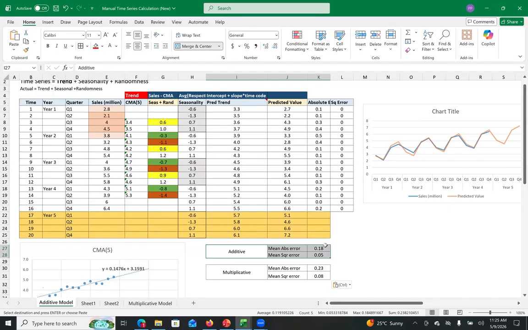There is something called FB Prophet that we're going to use tomorrow. You will see it's kind of like a black box. You will put your data into it and you will get an output which will give you very good accuracy. But what is happening inside that package is something that we will not know for sure.